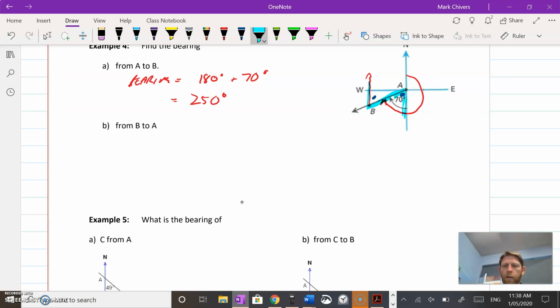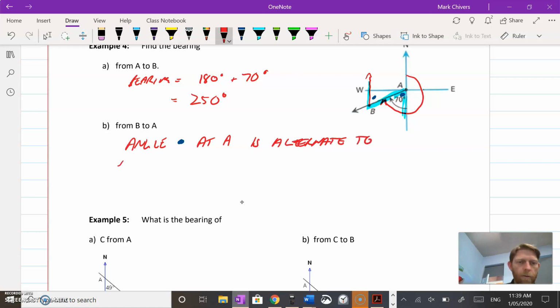If I draw them in on parallel lines, they look like they create a Z. So I can say that angle dot at A is alternate to angle dot at B.